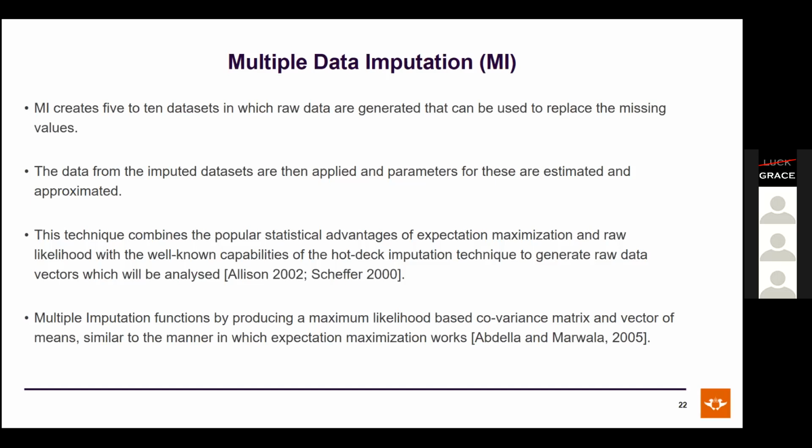Now, multiple imputation functions by producing a maximum likelihood based on the covariance matrix and the vector of means. And it's similar in a manner to the way in which expectation maximization works. So we're going to provide a reference if you want to read further on this.